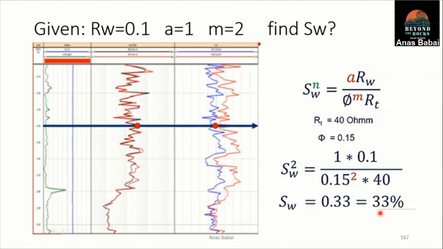That makes it 33% water saturation. That's in a very simple way. You already have a, m and RW. You will get phi from the logs, neutron and density. You get RT from the deep resistivity log.